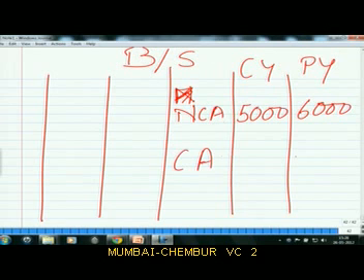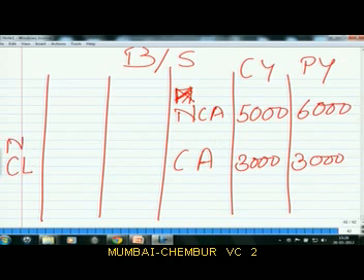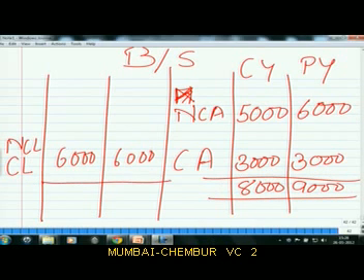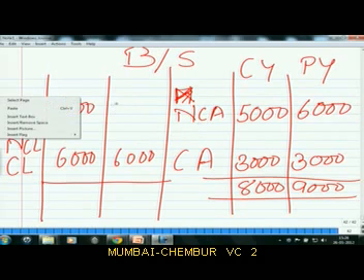Current assets of 3,000 crores and 3,000 crores. Current liabilities and non-current liabilities of 6,000 crores and 6,000 crores. If you have to tally the balance sheet, this will be 2,000 crores and 3,000 crores.